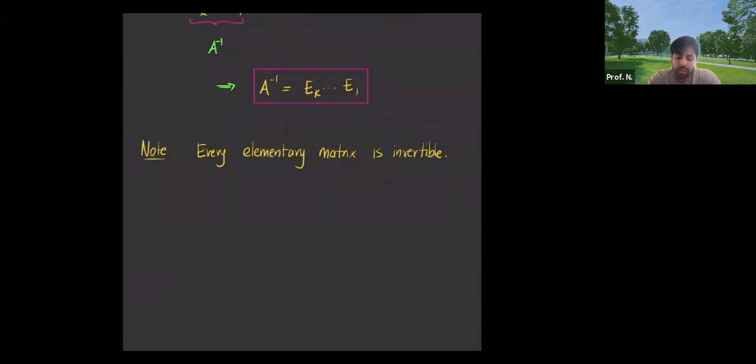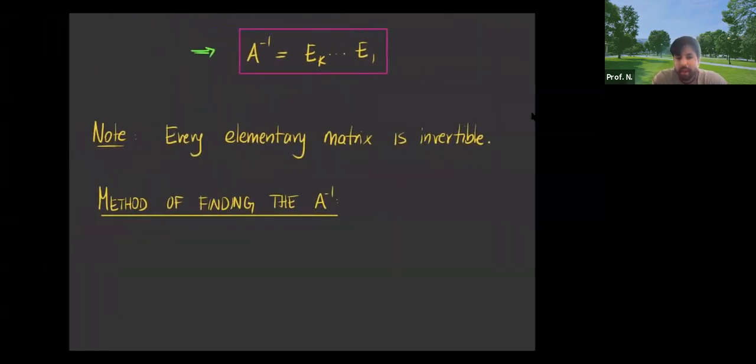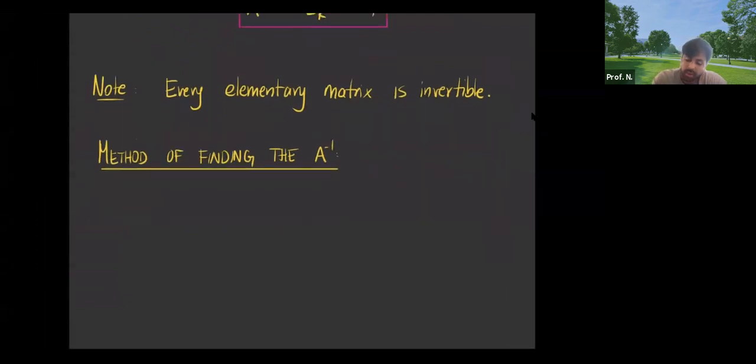And so now, what is the method of finding the inverse? Well, one thing that we do is we take A, we find the matrix A, whatever that is, right?